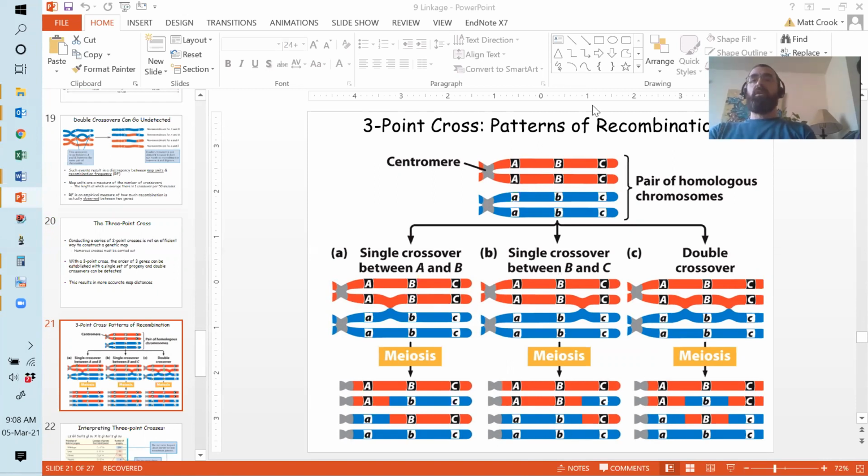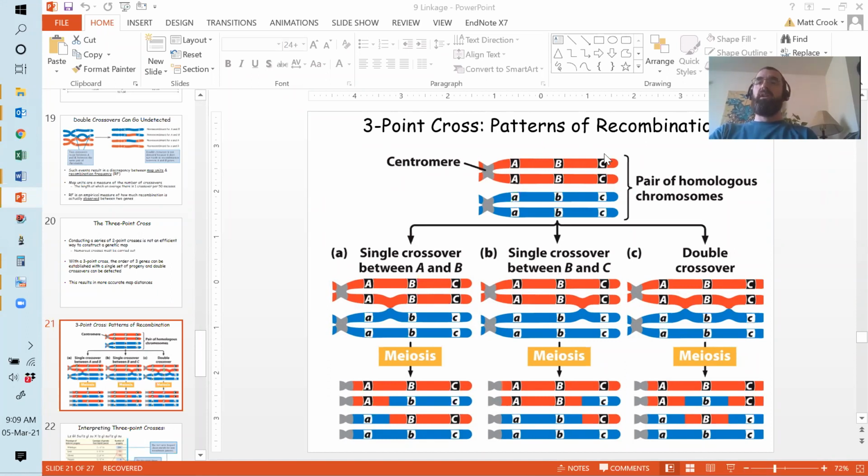Okay, so essentially what we're going to have now is 3 different genes. Our individual is heterozygous for each of those 3, because otherwise you're not going to see any difference. And we're going to be looking at 4 lots of progeny.